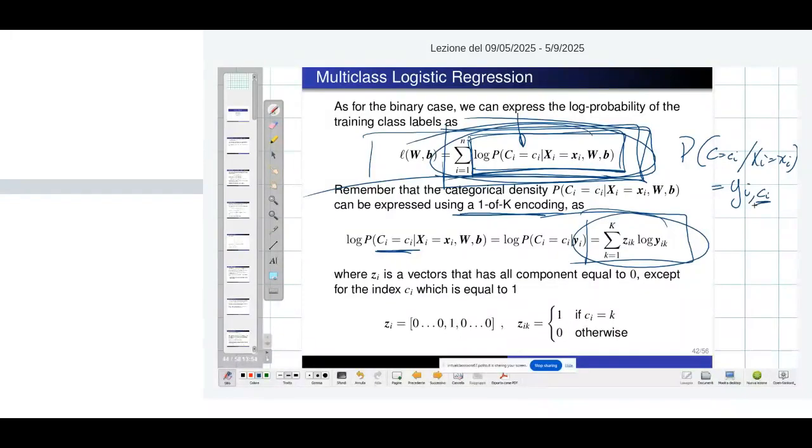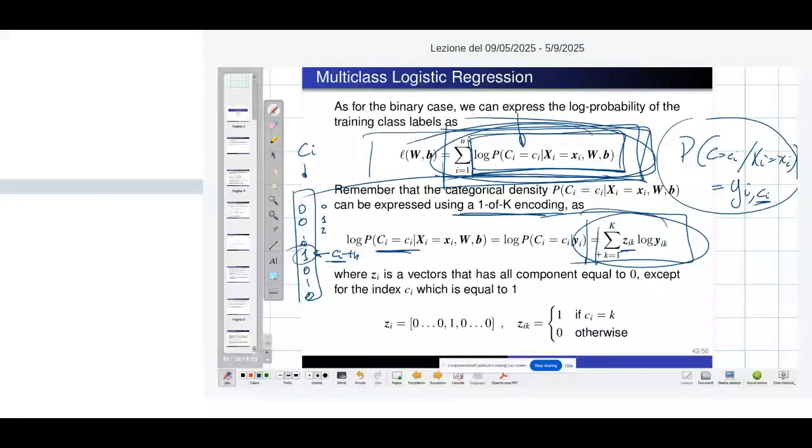We can represent this probability using a 1 out of K encoding of the label. So the label Ci will be encoded with a vector that will have what? All elements zeros except a single component 1 in position Ci. Well, Ci plus 1, because we count from 0, but let's say in index Ci we will have a single 1.